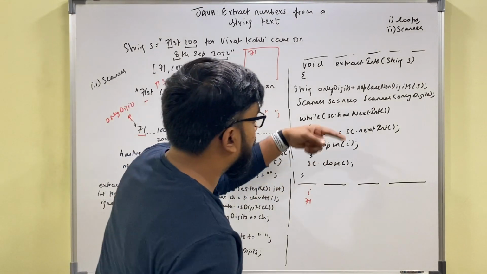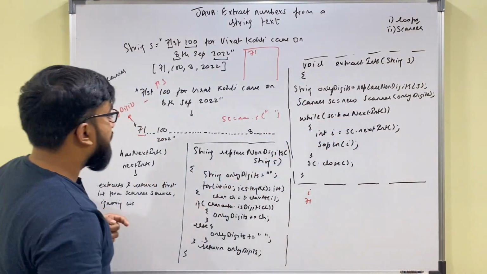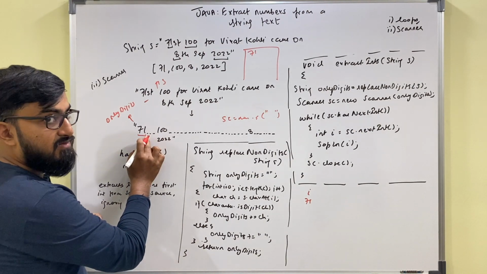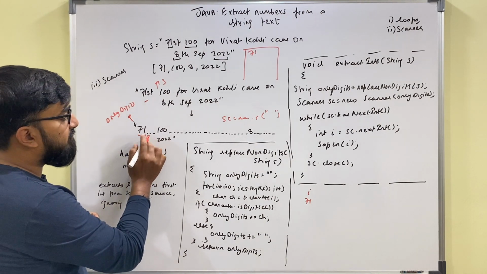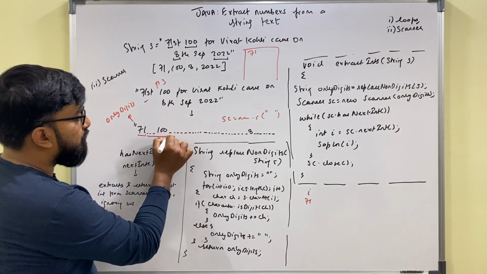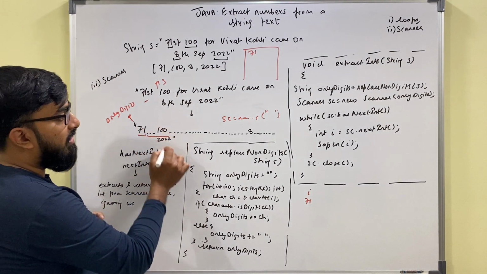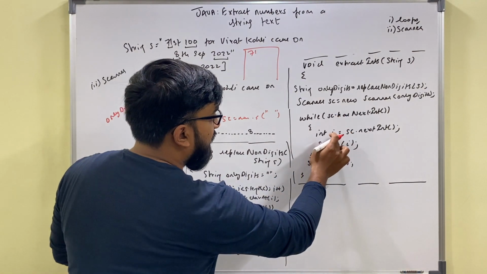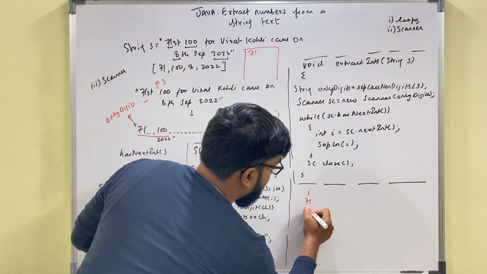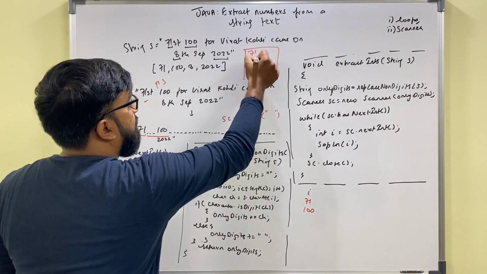Then you go back to check the condition, sc.hasNextInt. Since this part is scanned, it starts scanning from here, and we know white spaces will be ignored till an integer is found. So hasNextInt ignores these white spaces and returns true because there is 100 to be found. You go inside, sc.nextInt returns 100, so i is 100, and you print i.